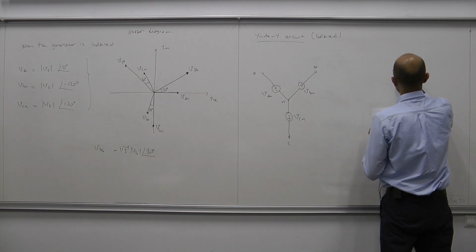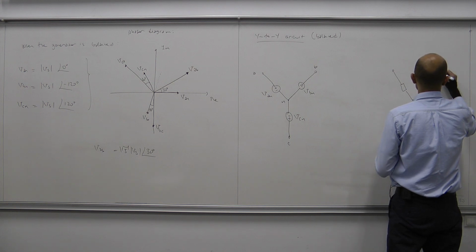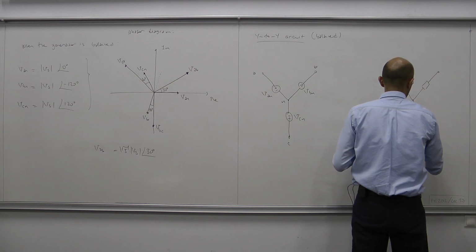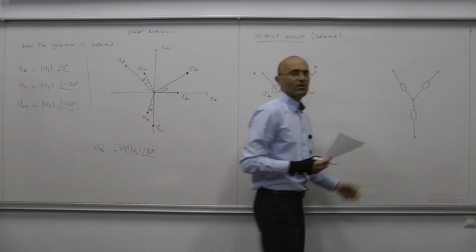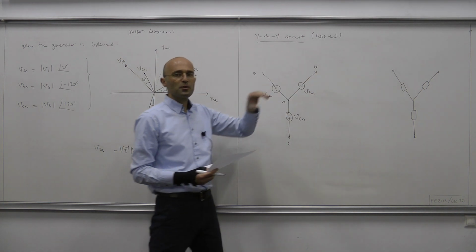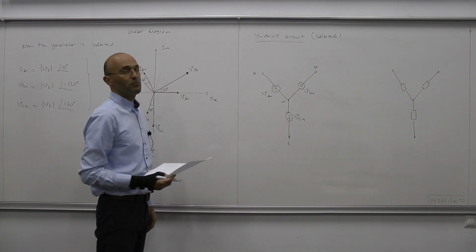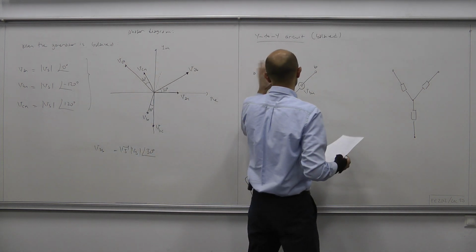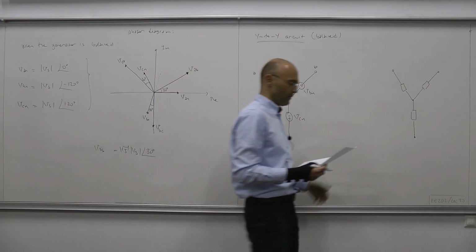Y-connected load. Okay, and usually the convention is such that nodes at the load side are represented by capital letters. So here we had ABC lowercase, there we have ABC capital.